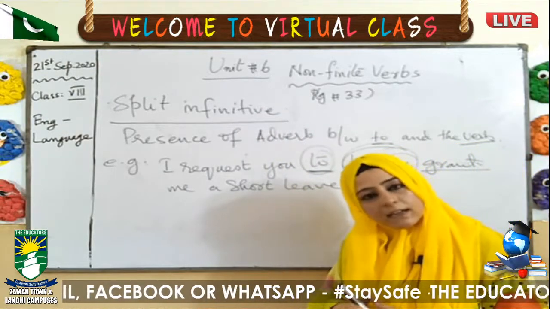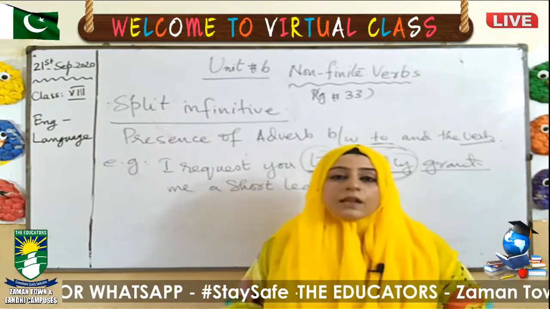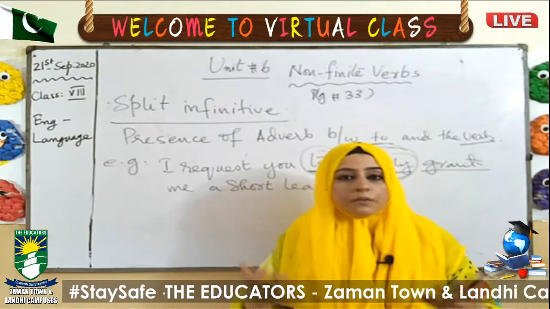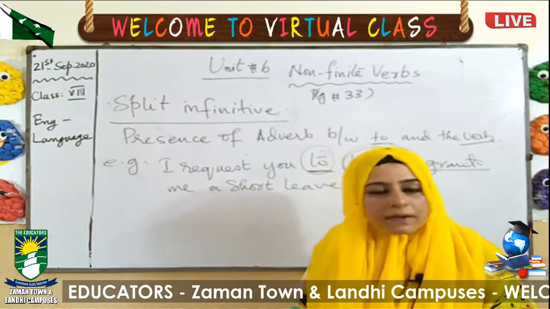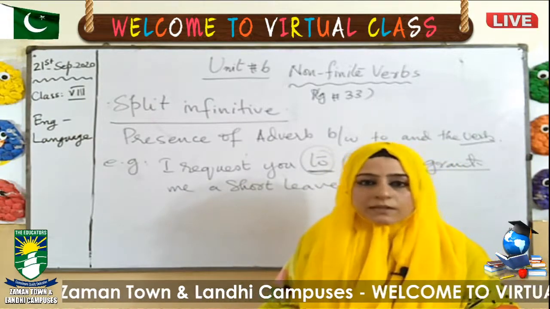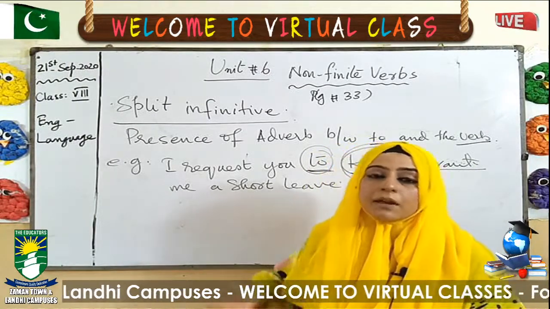Is that clear? So students, this was our today's lecture. We have discussed unit 6, non-finite verbs. What are these? Which are not bound by any number or person or the strength of the subject. Clear? Then we have learned different kinds of non-finite verbs. What were these?